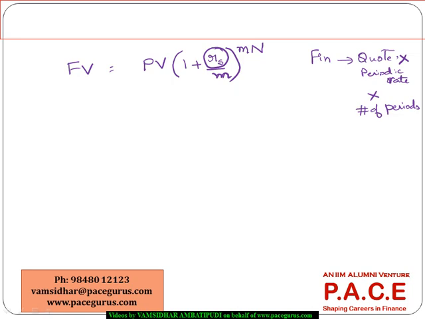So I have to really convert it as per the frequency of compounding. Whatever I am taking should be the periodic rate, and this should talk about the number of periods per year. That consistency we have to keep as a part of our calculations.